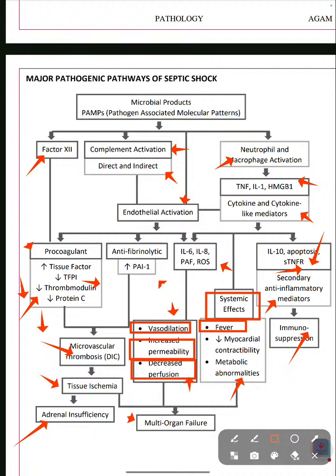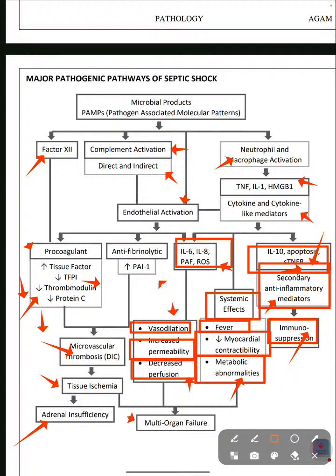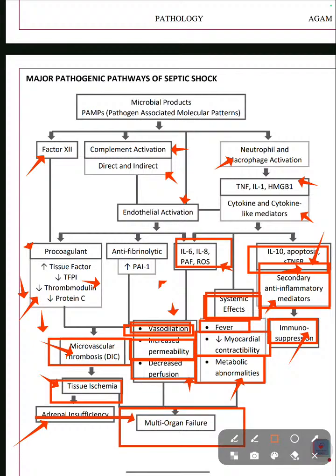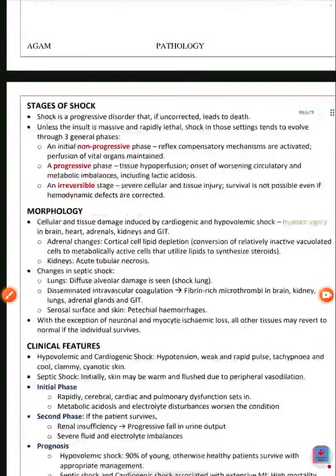In systemic effects, there is a fever, myocardial contractility will decrease, metabolic abnormalities will take place, immunosuppression, secondary anti-inflammatory mediators, interleukin 10 will be activated. Interleukin 6, 8, PAF and ROS cause systemic effects like fever and vasodilation. So microvascular thrombosis, DIC, tissue ischemia, all these form and ultimately lead to multi-organ failure.